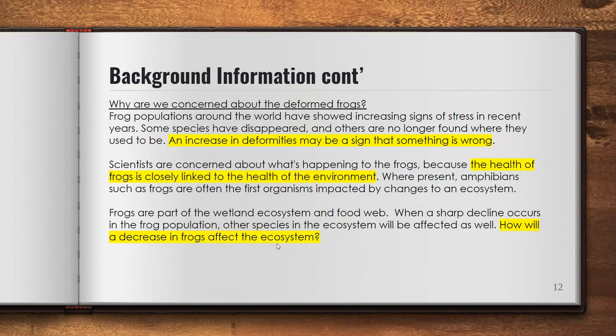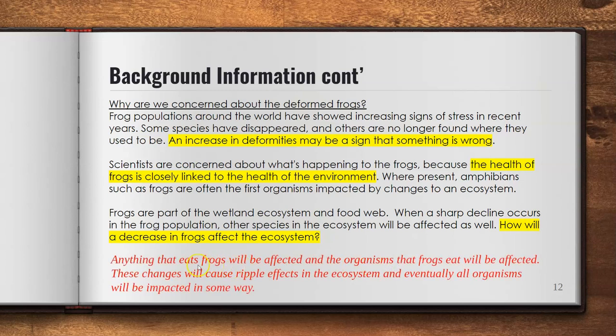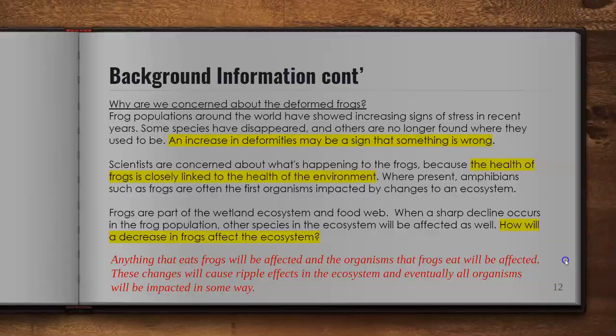Imagine a food web in your head with frogs in it. And if our population goes way down, you should be thinking that anything that eats a frog is also going to go down. And then the things that frogs eat will go up, because there won't be frogs to eat them. And then this will cause little ripple effects in the whole ecosystem. Eventually, all the organisms will be impacted in some way.